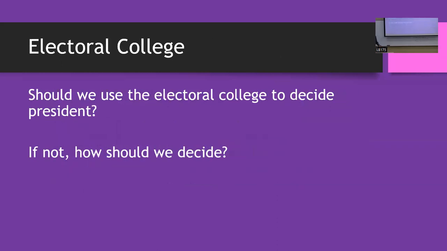All right. And I don't know, people have all kinds of questions. If we should use the Electoral College to decide president, people who are more on the side of let's just make it a majority vote argue, let's get rid of the Electoral College.